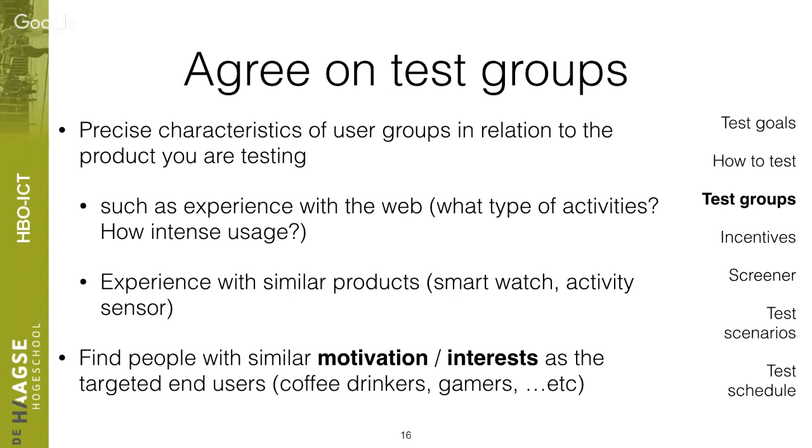So also for the test group, it would be beneficial for me if we have the test group be consistent. So try not to have a lot of variance in age, background, experience with the web. So what if we want to use a website interface, and we have someone who, okay, now not many people have no experience with the internet, but someone that doesn't use the internet daily, they use it like once a week or something.